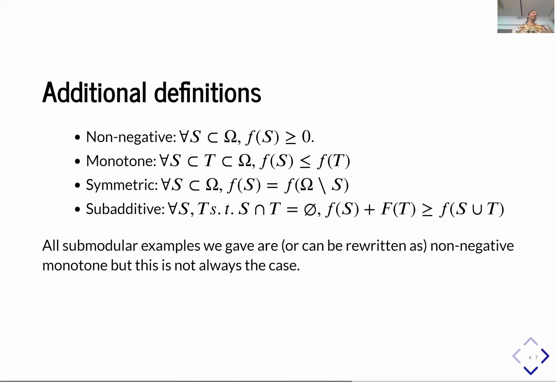Subadditivity seems to be a nice property, but it is not strong enough to do interesting things. And all the things I told you about banks, clusterings, and things like that can be expressed as non-negative monotonic submodular functions.